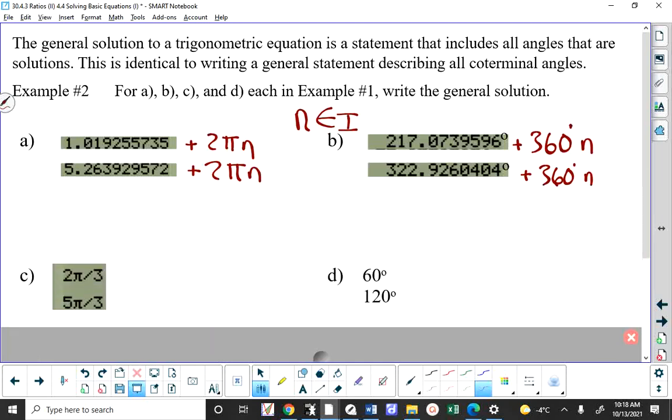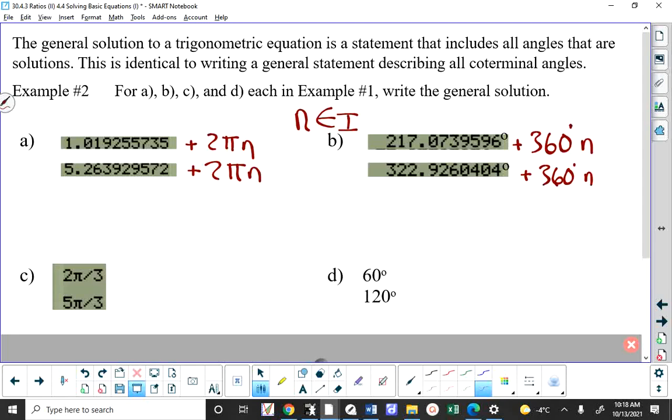That's all you do for this. You take your answers that you got, and you say, well, I'm going to add or subtract multiples of 2 pi. Multiple means a whole number value. So these are all plus 2 pi n. These are all plus 360n. And for all of these, n is an integer.